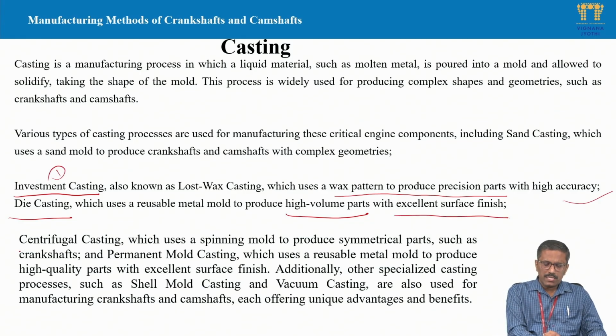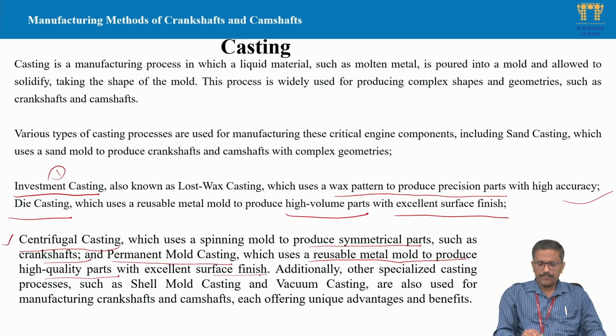The next manufacturing method is centrifugal casting. Because the crankshaft and camshaft are axisymmetric, mostly cylindrical in shape, we can also use centrifugal casting, where we spin the mold to produce symmetrical parts such as the crankshaft. We also use permanent mold casting, which uses reusable metal molds to produce high quality parts with excellent surface finish.